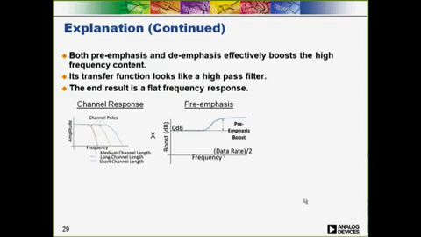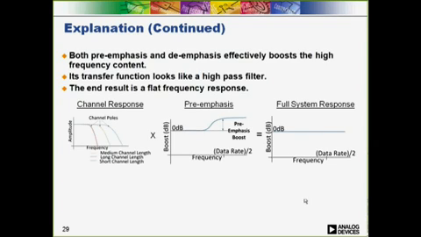Whether using pre-emphasis or de-emphasis, a high-pass effect is added to the signal before going into the channel, and the end result is a flattened frequency response. As illustrated, you can see that the difference is in the resulting gain of the resulting signal. Ideally, when using pre-emphasis, the gain is 0 dB, meaning you are amplifying the high frequency content to make up for the loss of the channel.